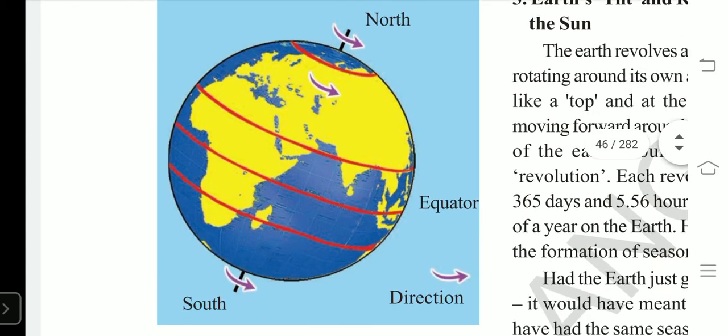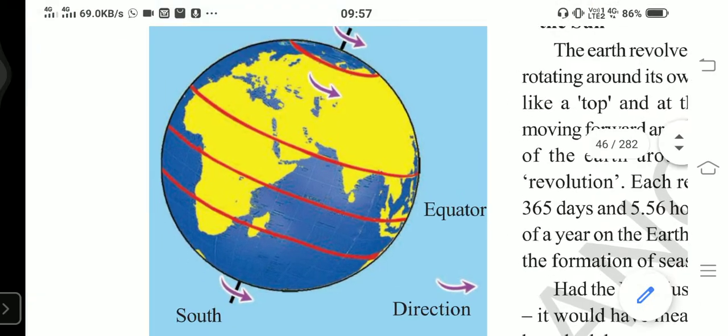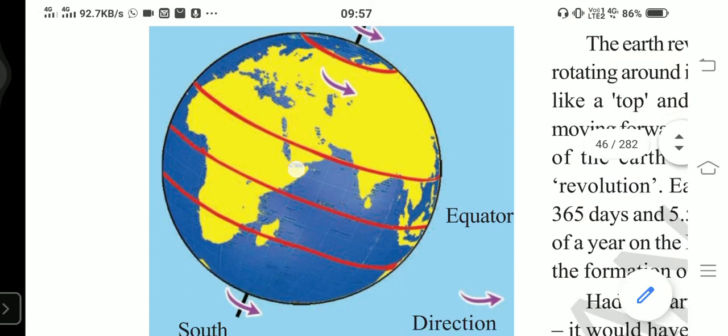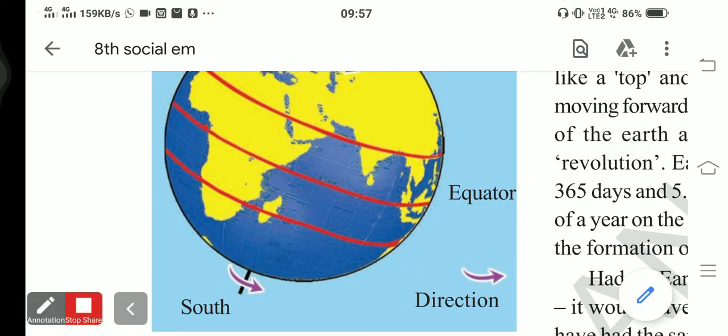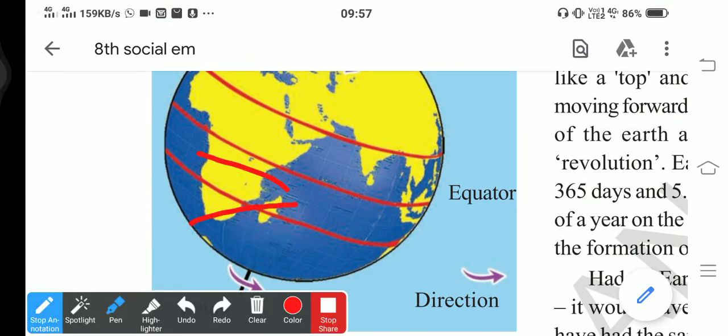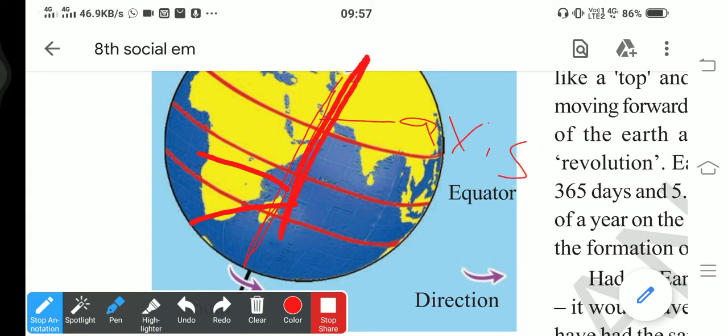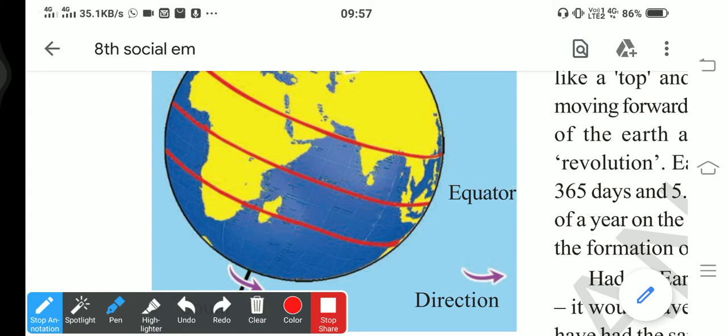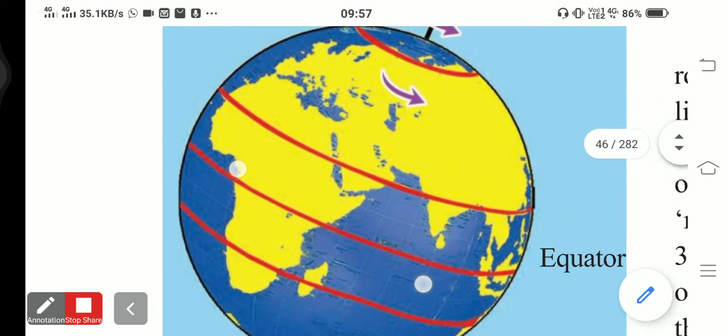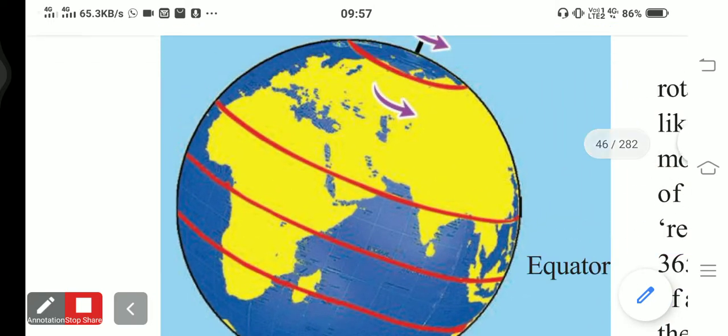Here you can see that on the North Pole there is a small vertical line, and it's the same in the south. So there is one imaginary line that passes through the middle of the Earth. This is called the axis, my dear students. So it is an imaginary line.